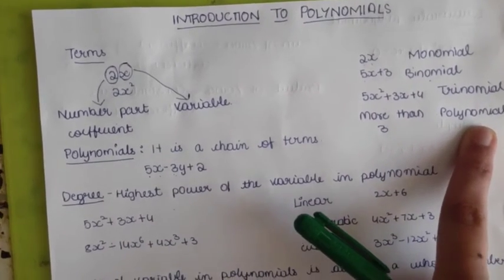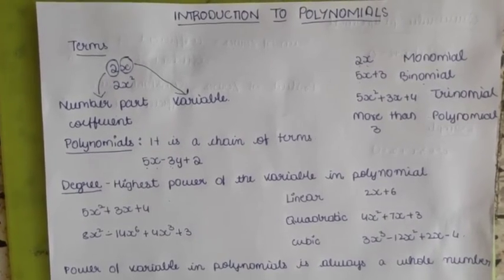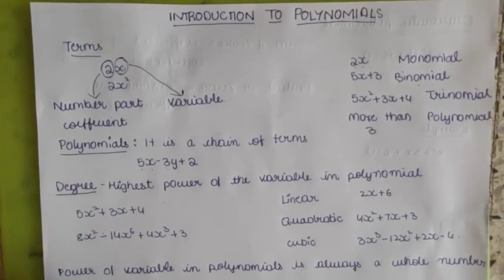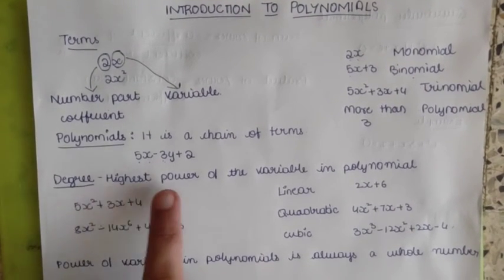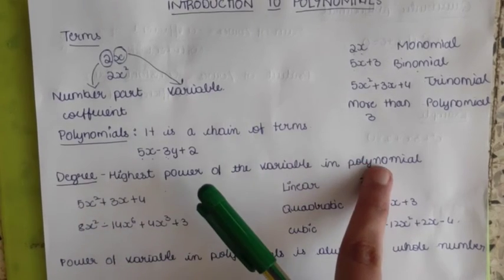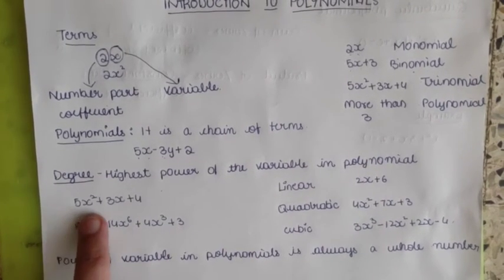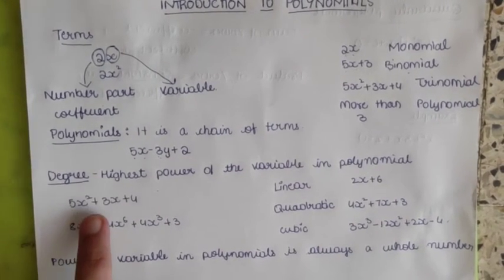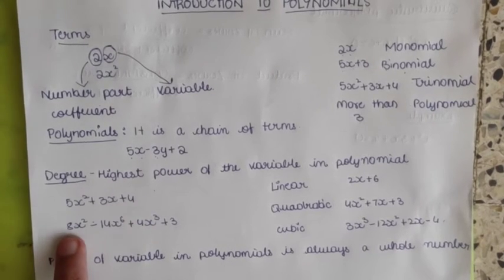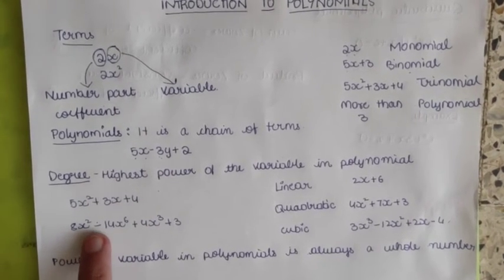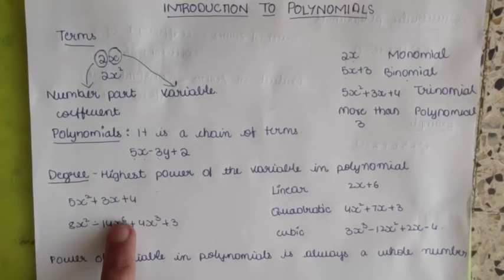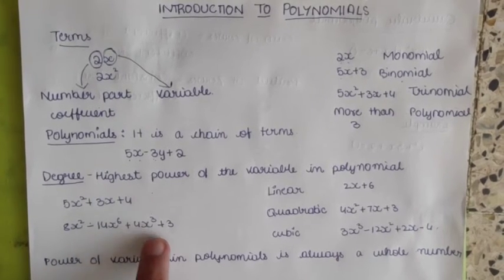Okay. Next we are going to learn degree. The degree means the highest power of the variable in a polynomial. Here we have examples: 5x square plus 3x plus 4, and next 8x square minus 14x^6 plus 4x^3 plus 3.